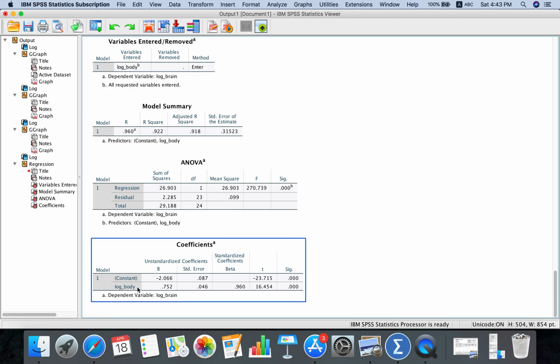Here you can see that these are the regression coefficients. This is the intercept coefficient, estimated to be about -2. The regression coefficient for the log of body is 0.75. Okay, and both of them are statistically significant.